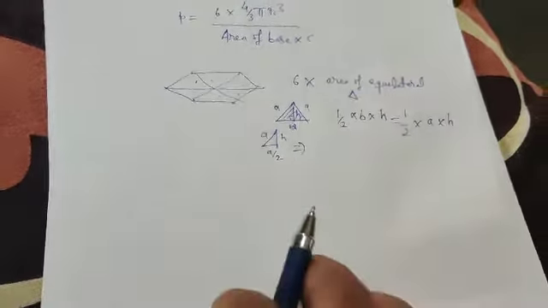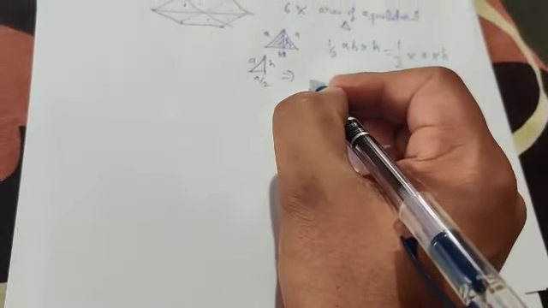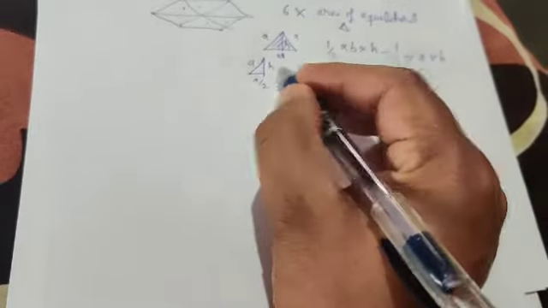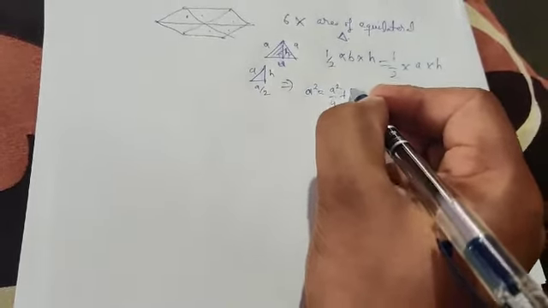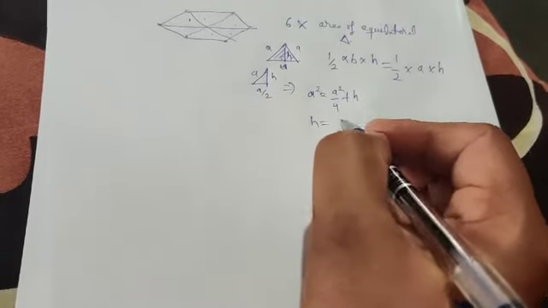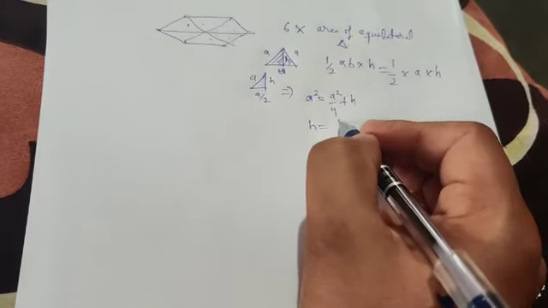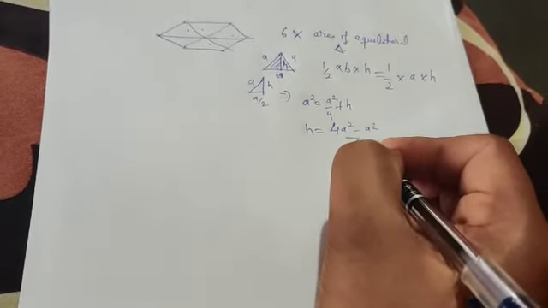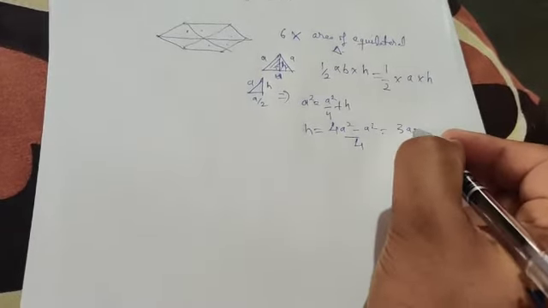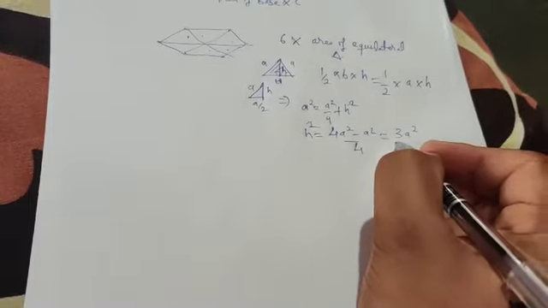So from this right angle triangle, A square is equal to H square plus A square upon 4. So H square will be 4A square minus A square upon 4, this will be 3A square upon 4.